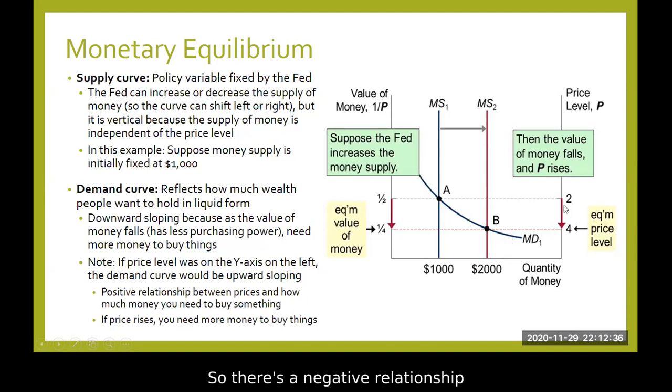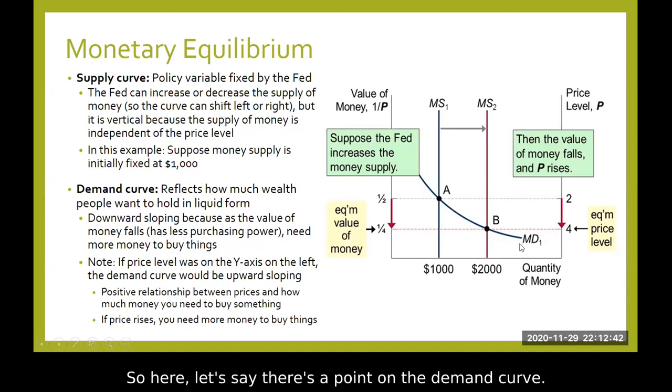So there's a negative relationship between how much money you want to hold in liquid form and the prices. Let's say there's a point up here on our demand curve. What it's saying is when the price level is lower, we need less money to buy things, because with lower prices we need less cash.